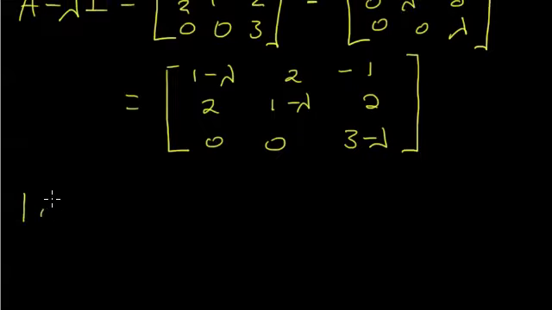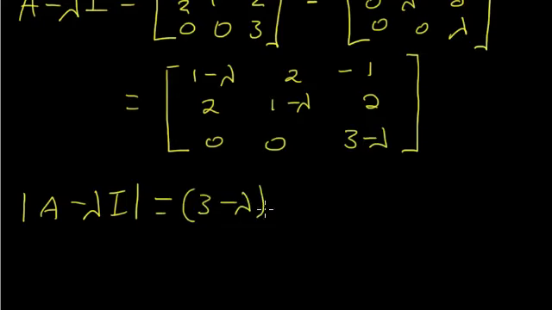So the determinant of A minus lambda I, well, I will expand along the third row because it has two zeros. So plus, minus, plus, we have plus 3 minus lambda times the determinant of the matrix that we end up with when we remove the row and the column in which 3 minus lambda is in. So 1 minus lambda, 2, 2, 1 minus lambda.